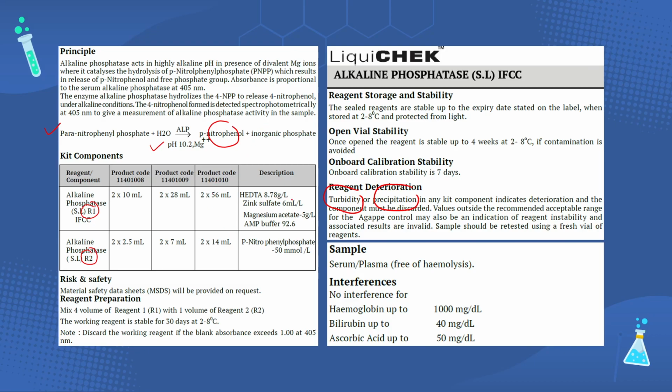For the sample, we could either use a serum or plasma sample as long as it is free of hemolysis. And here, the degree of presence of hemoglobin, bilirubin, or ascorbic acid is indicated, so as long as it does not reach this amount, it will not interfere with our test.